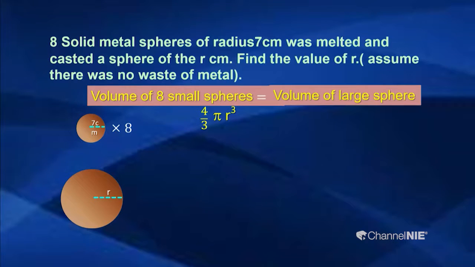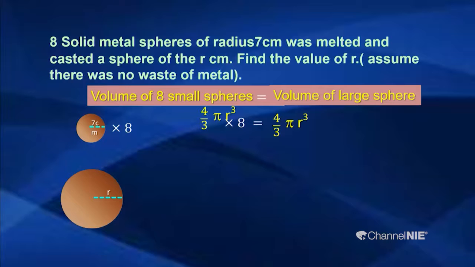Here r value is 7 centimeter in the small sphere, and when multiplied by 8 you can obtain the volume of the large sphere. Then what is it? 4/3 π r cube. Here r means the given value r. In the small sphere r means 7 centimeter.